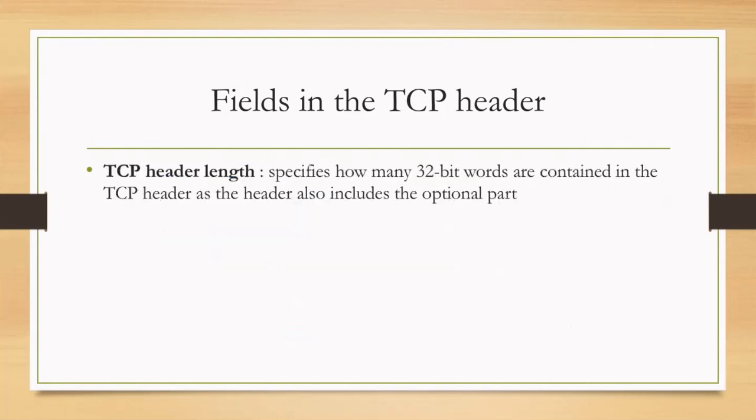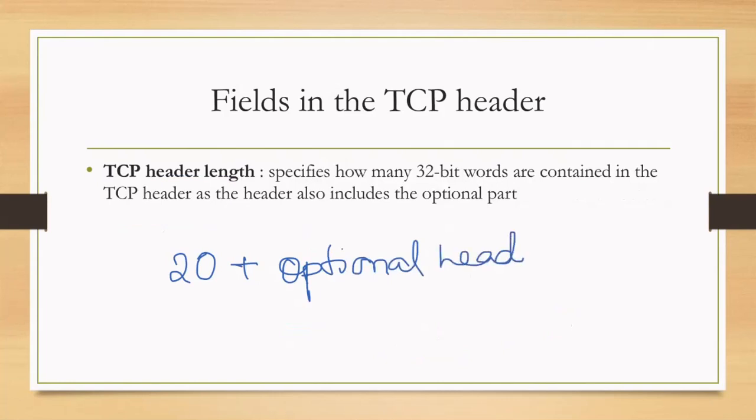Then you have the TCP header length. Why do we need this? Because we know 20 bytes is fixed, plus whatever 32-bit words are in the optional header part, not the data. How many there are is given in the TCP header length.